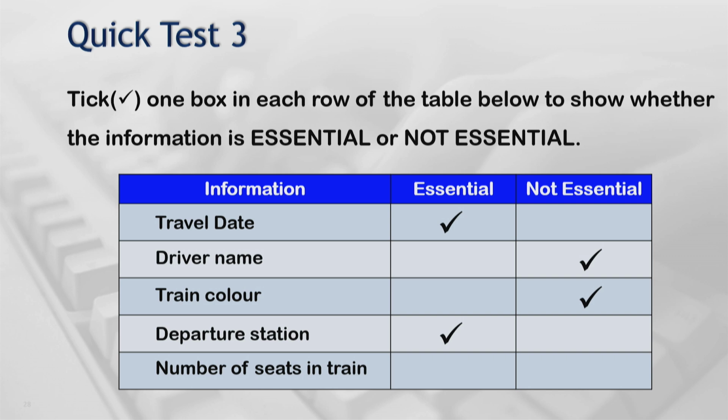Therefore, departure station would consist of an important and essential information when buying a ticket. Number of seats in a train. Since the number of passengers will keep changing from station to station, knowing the number of seats in a train is not an essential information when buying a ticket.